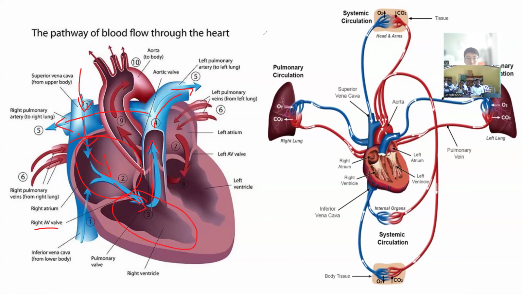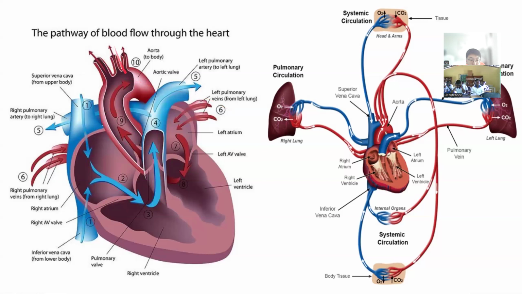And in the lungs, oxygen exchange occurs, and it goes back to the pulmonary veins, and then enters the left atrium, and then to the left ventricle, and then to the aorta to the rest of our body. So that was the brief overview of how the blood flows through our heart.